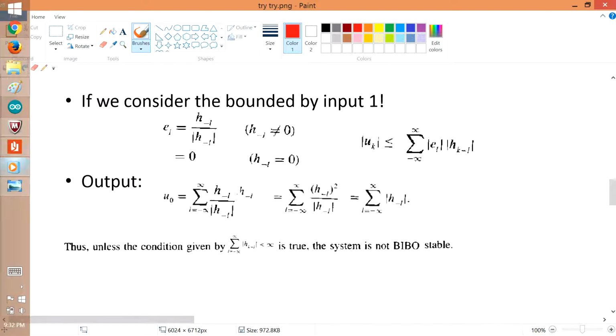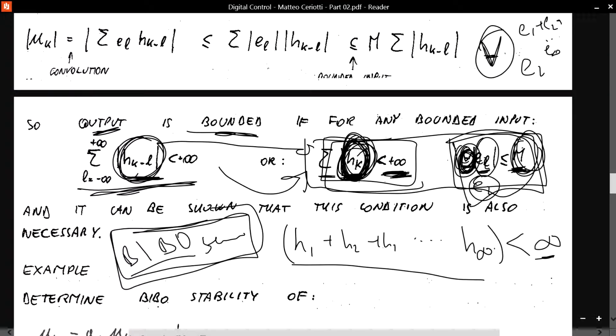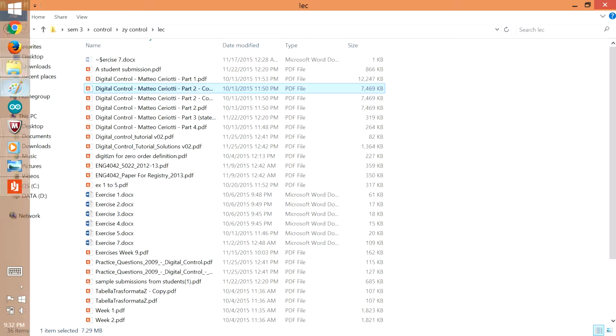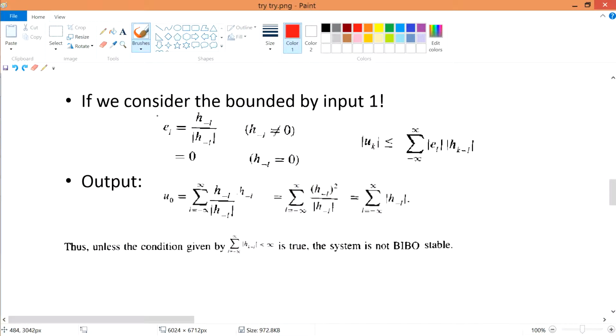In fact, I don't even know what I'm proving to you, but I'm only proving that your HK minus L can be rewritten as HK, given what we have just proved. At first you set your input as 1, and then your 1 can be represented by H minus L over H minus L. The denominator they put as a magnitude.